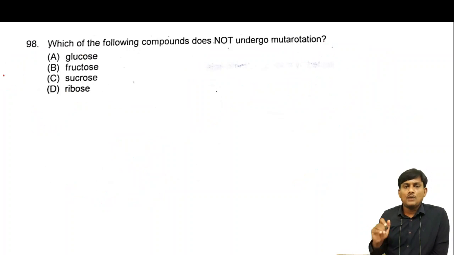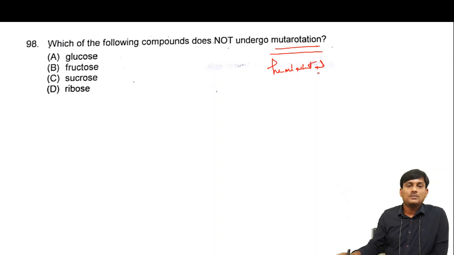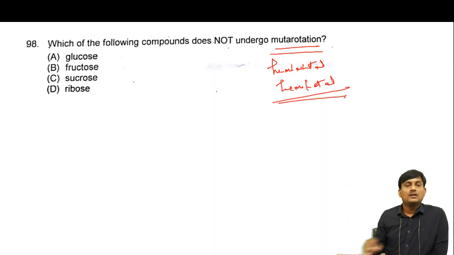Which of the following compounds does not undergo mutarotation? For mutarotation, the compound should be in hemiacetal or hemiketal form, and also it should be a reducing sugar. Reducing sugars exhibit mutarotation.